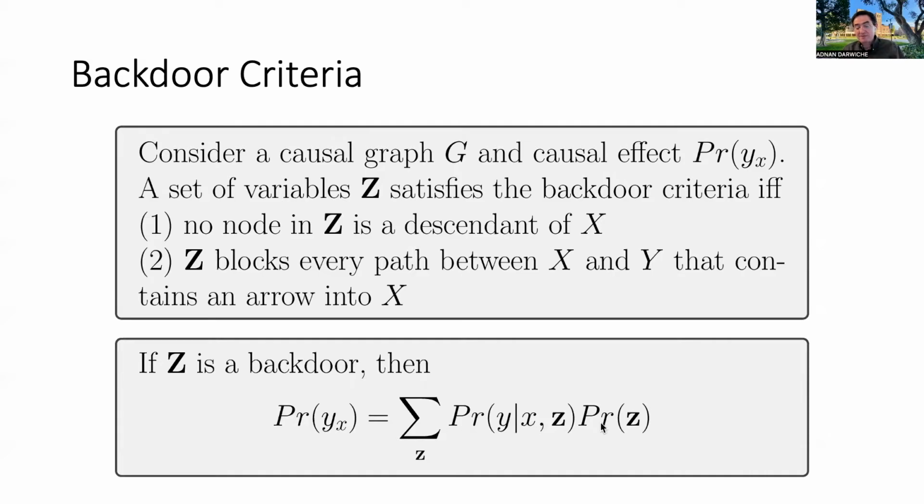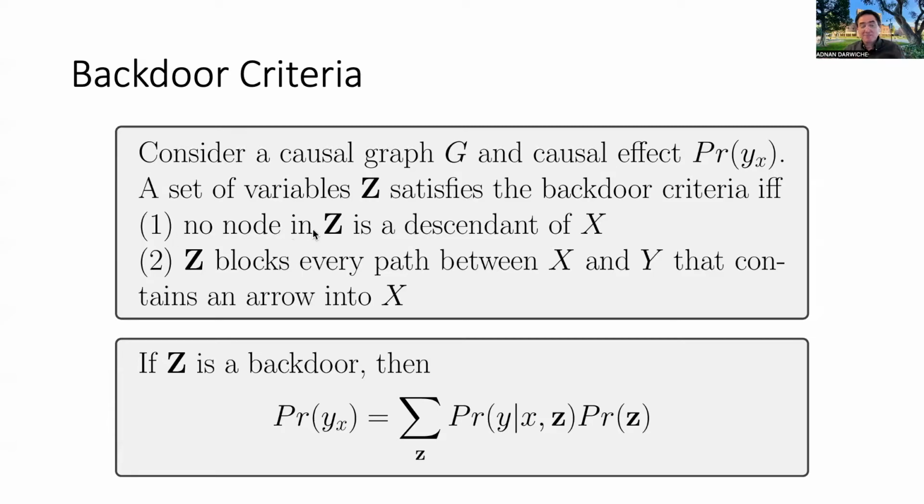The point of finding a backdoor is that I want to evaluate the causal effect using this formula. As long as this is a backdoor, this works. Now, in practice, of course, this criteria helps you if the backdoor ends up being observed, because then you can estimate these quantities from the data.